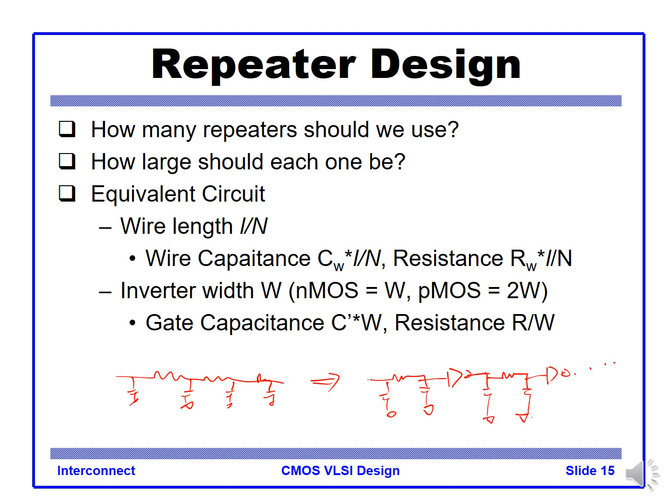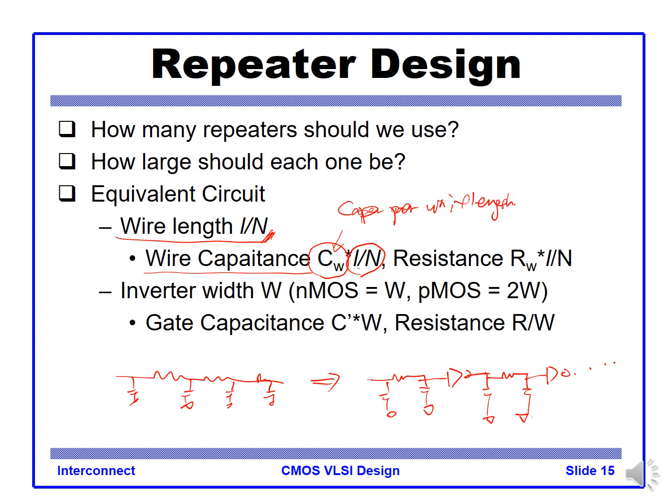So each wire length will be L over N, and the wire capacitance will be L over N times the wire capacitance per unit length.